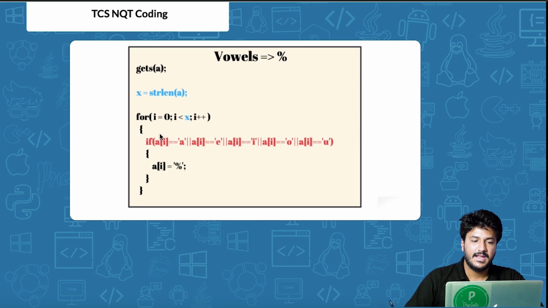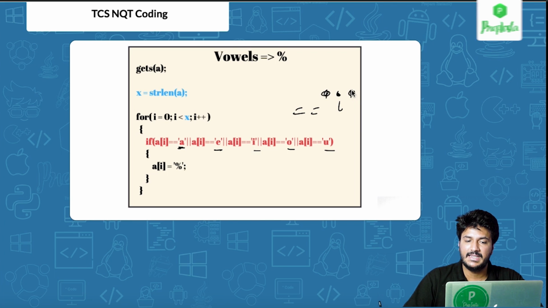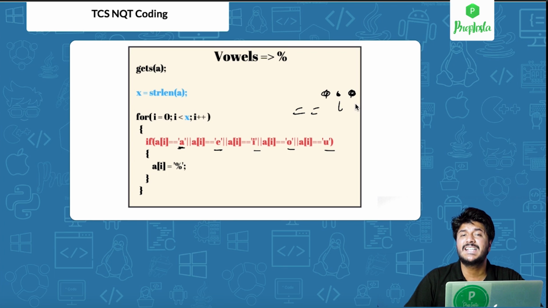So first you are checking if a of I is any of A, E, I, O, U, and remember you have to use single quotes in between, because for character comparison, equal to comparison is only valid if you do this. Without this, it will compare the ASCII value, but we are not comparing the ASCII value, we are matching whether it's the same or not.